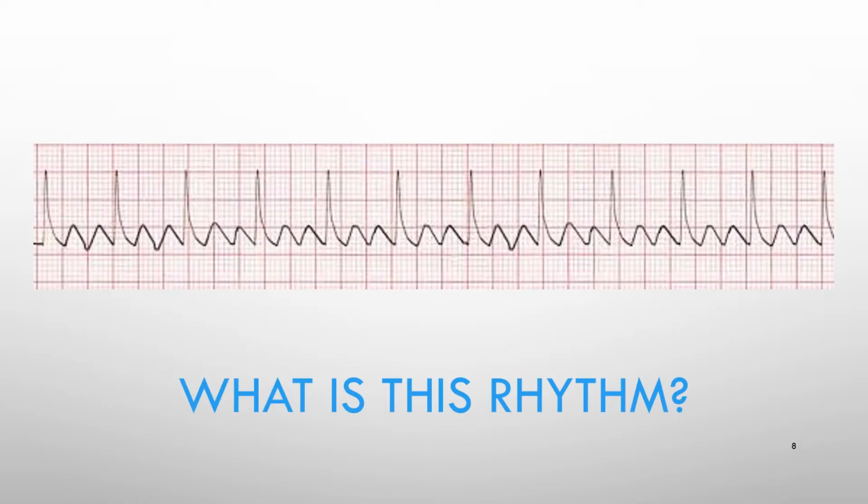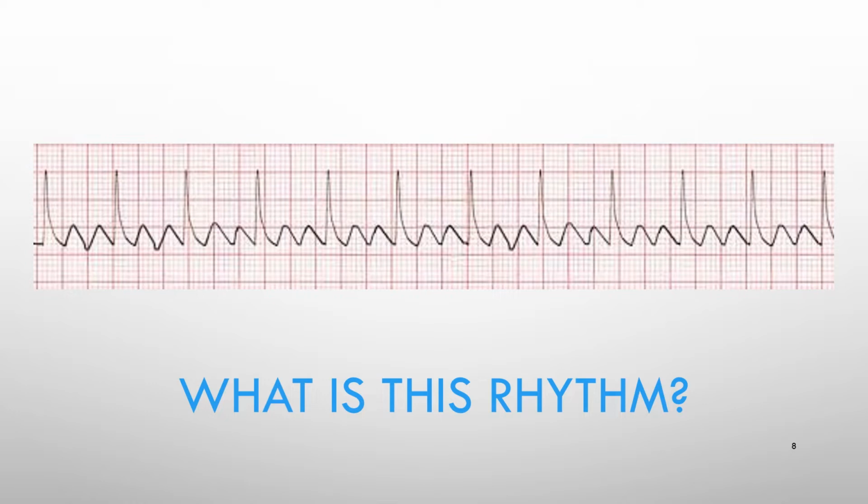Now that they conducted an EKG on the patient, this is the rhythm you see. Basically, you've got a narrow QRS. The rate is regular, and it seems like the atrial rate is around 300 beats per minute. I want you to tell me exactly what this is.